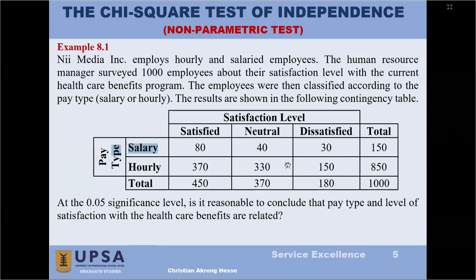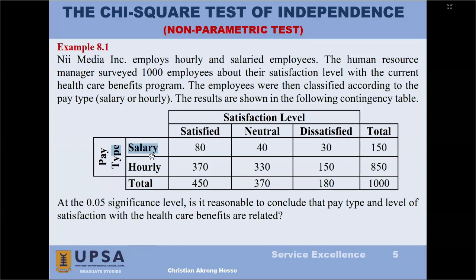And what is a level? How many levels do we have for the pay type? We have two levels. And the satisfaction, how many levels? We have three levels. So we say we have two rows and three columns.